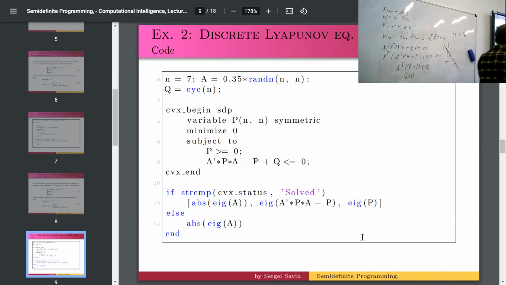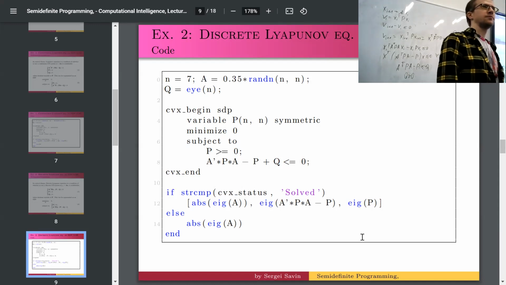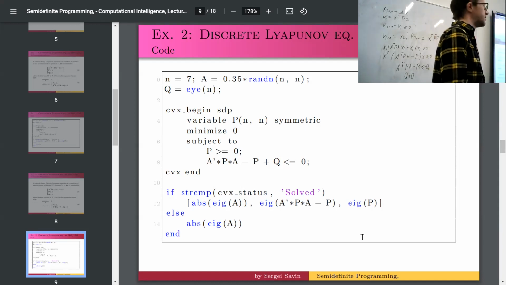Anyone can tell me why line number 12 and line number 14 exist separately? What do they want to do? Why did I write this if-else? What's the difference between line 12 and line 14?